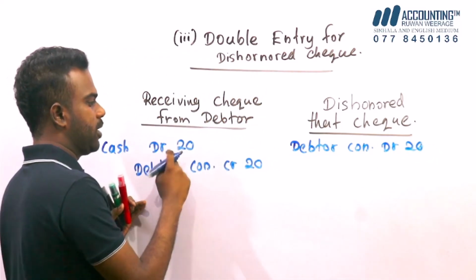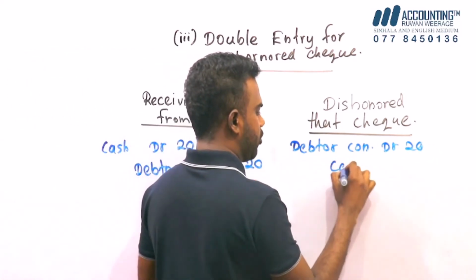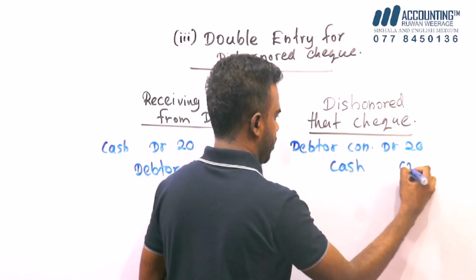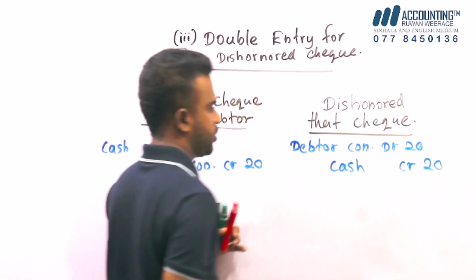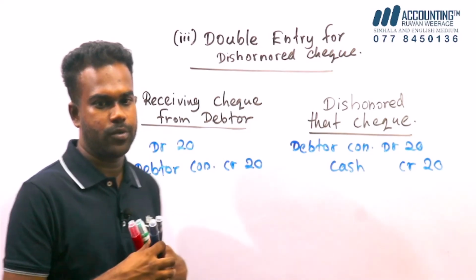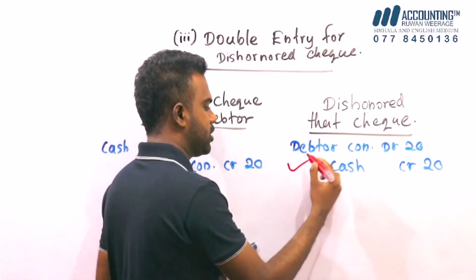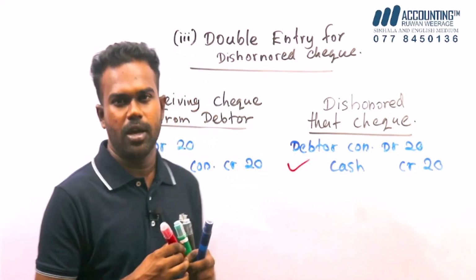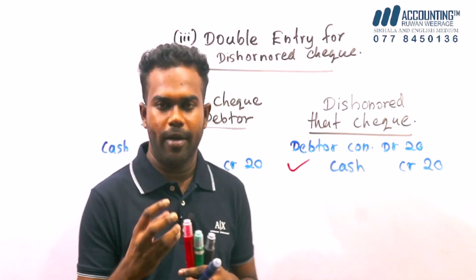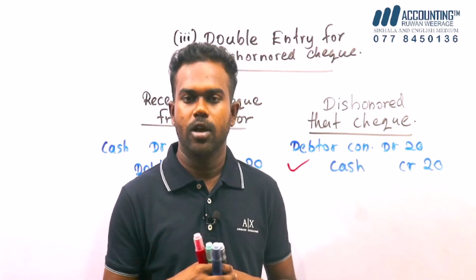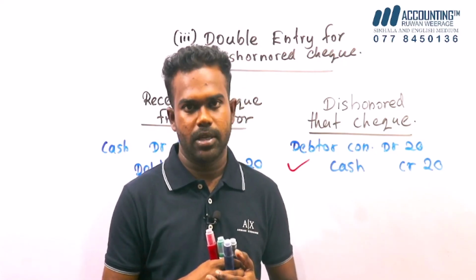Cash debit, dishonored, we have to credit. Cash credit 20,000, right? So this is the double entry for a dishonored check, right? Very easy questions, but if you think logically, you can easily prepare the bank reconciliation, right? Okay.